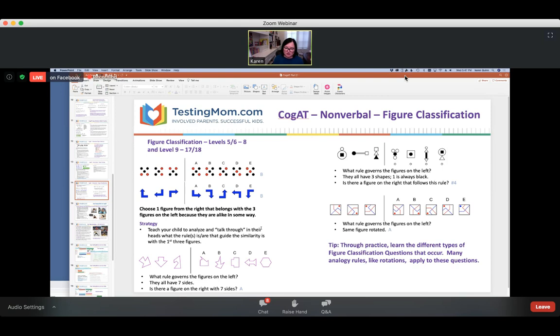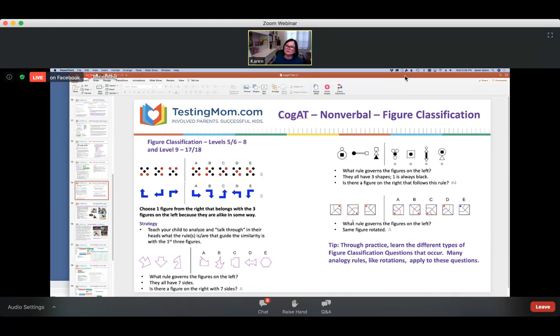So the strategy you want to teach your child is to talk through in their own minds, what is the rule guiding this? For example, with this one on the bottom, what's the rule? The rule is every one of these shapes has 7 sides. So do we have one over here with 7 sides? Yes, right here, A.